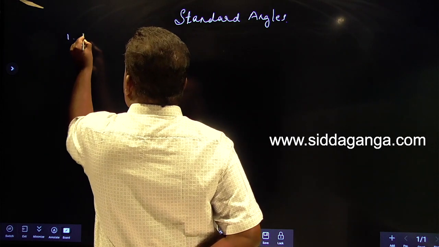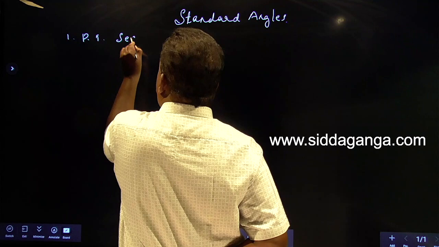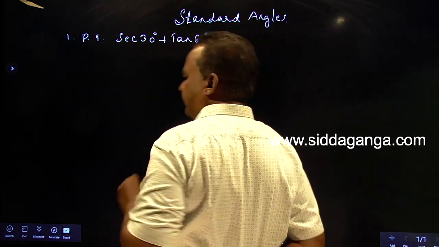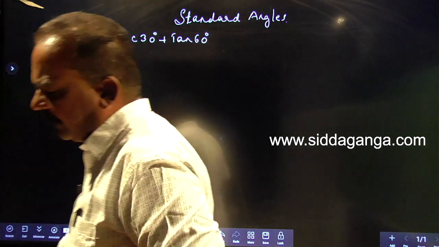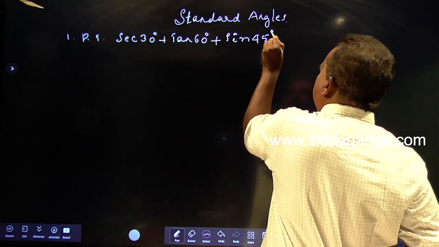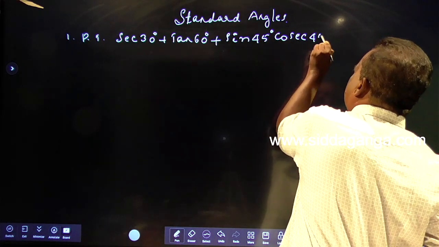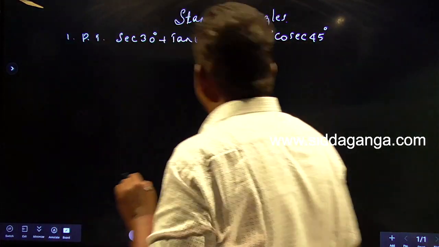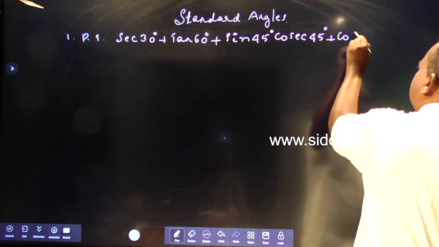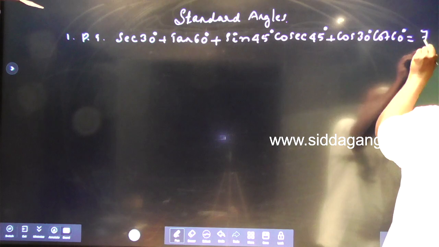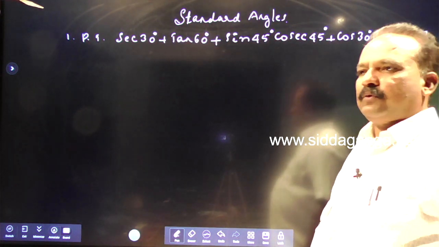Prove that secant 30 plus tan 60 plus sin 45 into cosec 45 plus cosec 30 into cot 60 is equal to 7 by 2. This we have to prove.